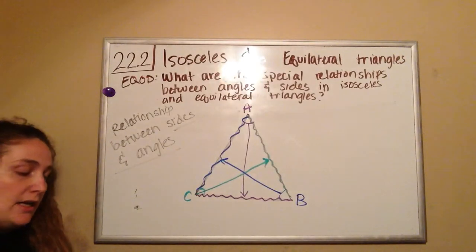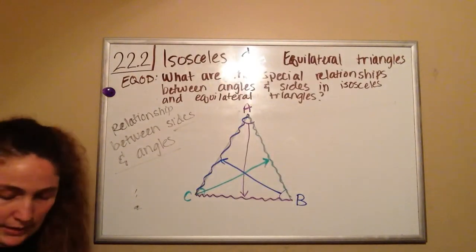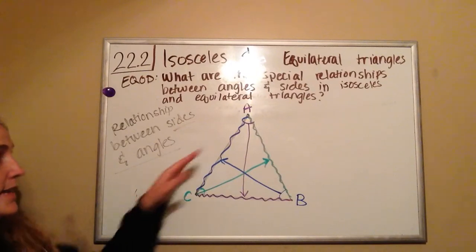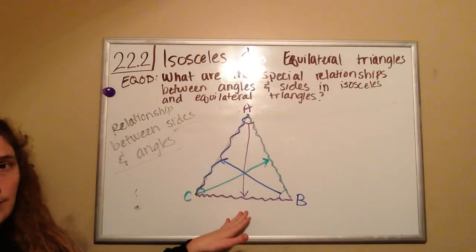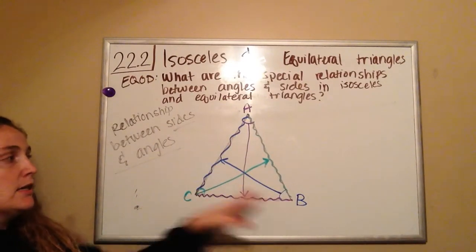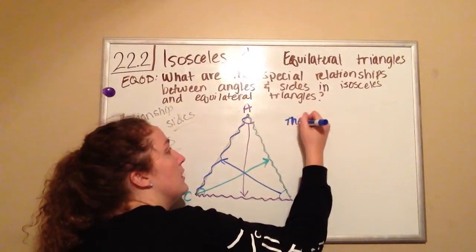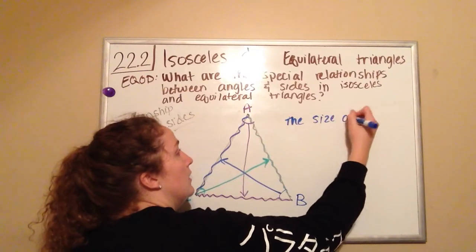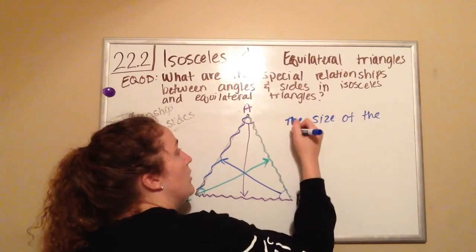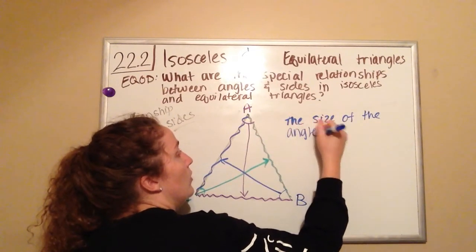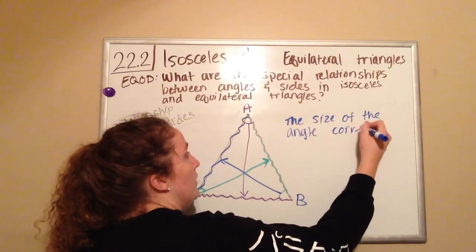that it is not touching. Now what I mean when I say correspond is that if A is the smallest angle, this is the smallest side. If B is the biggest angle, this is the biggest side. So the size of the angle corresponds with the side.